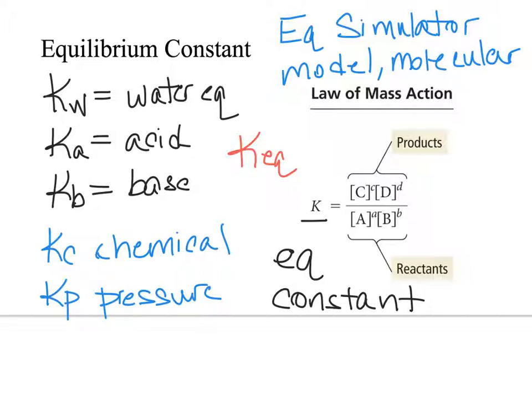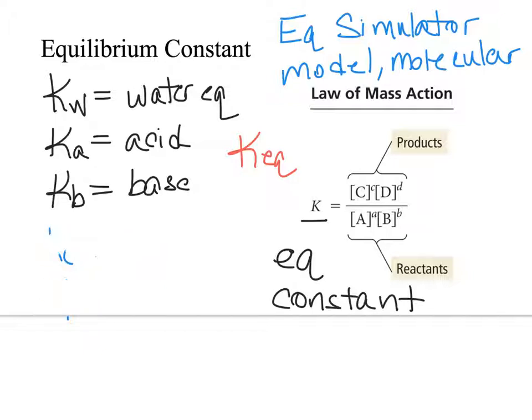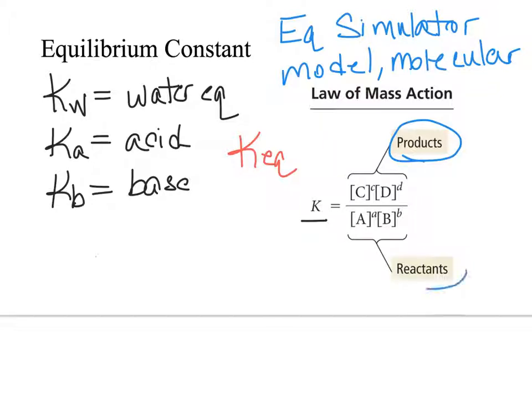All right, so let me erase for just a moment here. And let's take this expression for K and write it in reverse, or write the reaction. In the case of the equilibrium constant, we always look at products over reactants. And the little exponents here represent the mole ratio. It's the number that's in front when you balance the reaction.